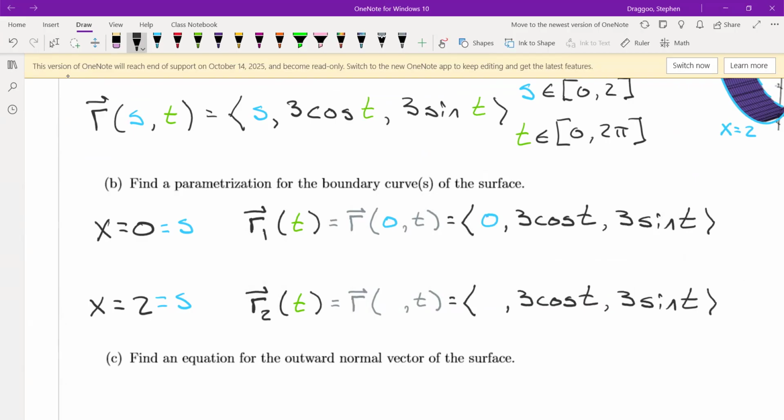But I think that my second boundary curve is going to look pretty similar, since the only thing that's changing between these two boundary curves is the s parameter. t still gets to run free and do as it pleases, right? It spins around in its circle because it's standing in for theta. But instead of 0 for s, I'm going to use 2 for s.